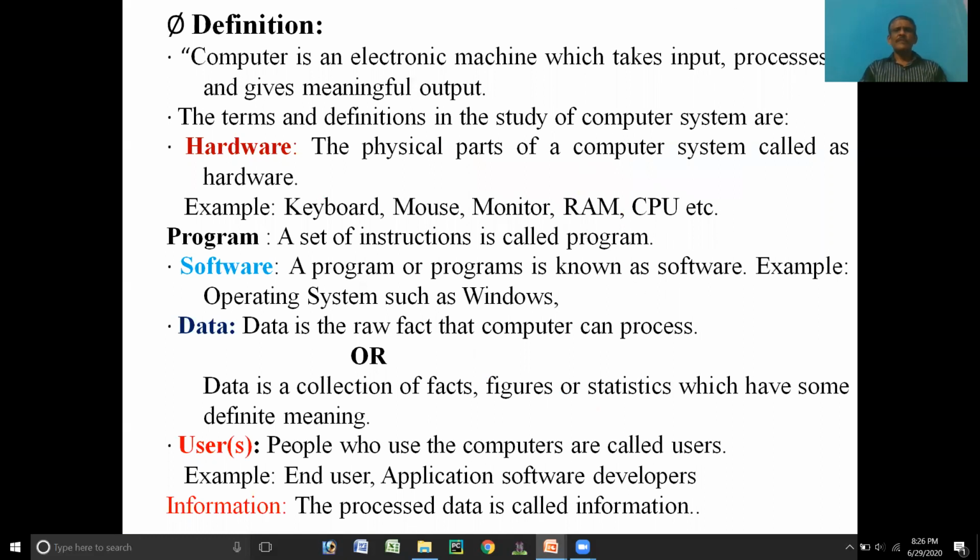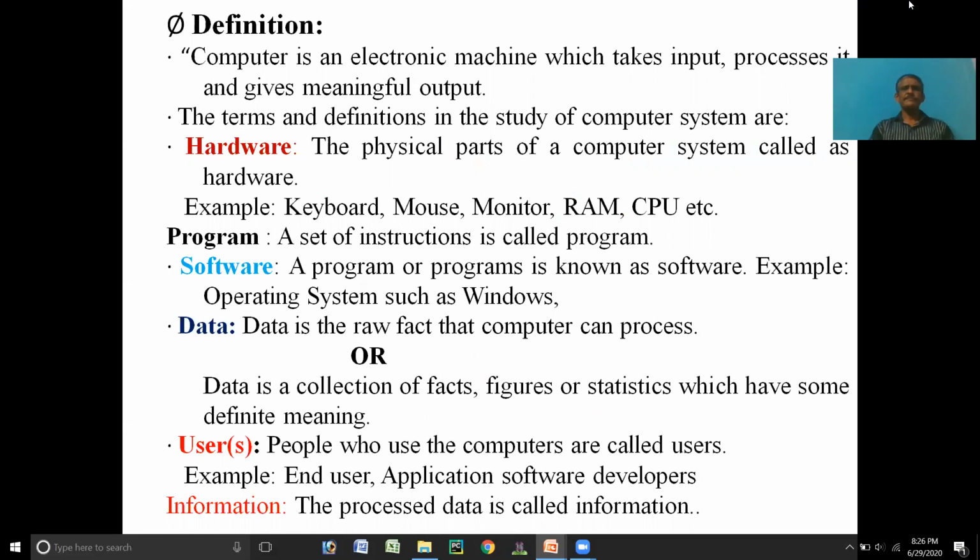So we'll start with a computer definition. Computer is an electronic device which takes input, processes it, and gives meaningful output.